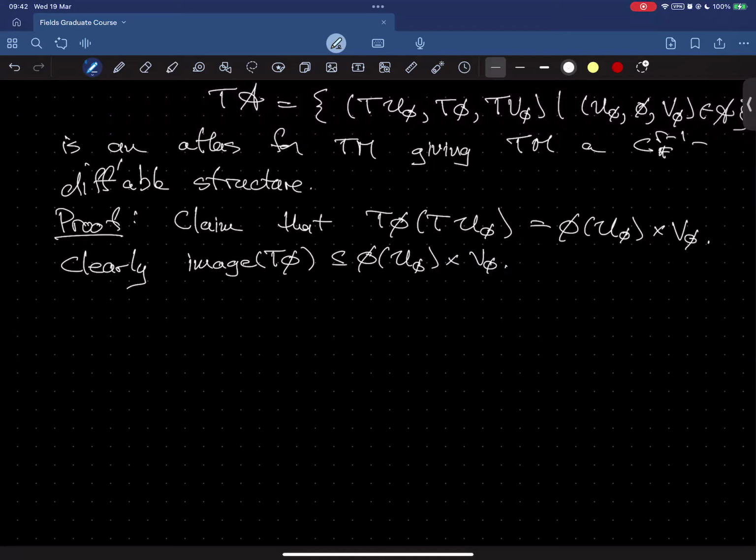Okay, so I need to show that every point in here is in the image of T phi. So let x and v be in phi of U phi cross V phi, and I need to construct a point in T U phi, a tangent vector at some point, whose image under T phi is equal to this thing.